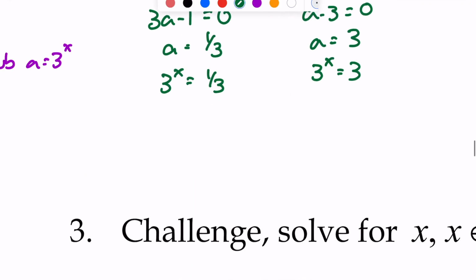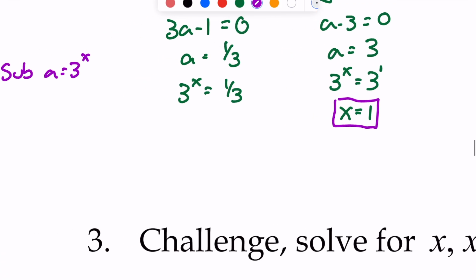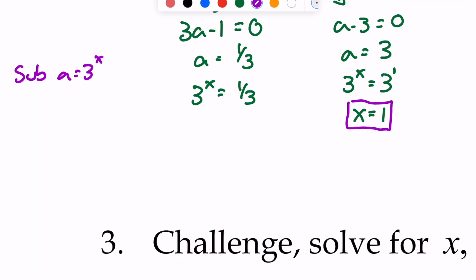Okay. So the right-hand side is a little easier to see. When you have just a base and you don't see an exponent up top, technically there's a 1 there. So once you equate the exponents, x equals 1. But on the left-hand side, you can see there's clearly a 3, but they're not the same. One's a fraction.